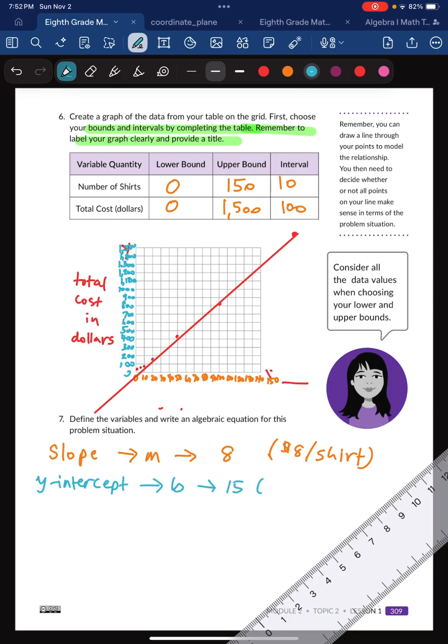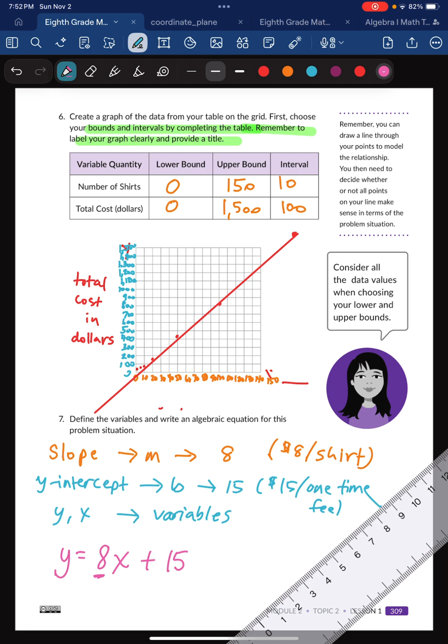And we know it's $15 because it's a $15 one-time fee. So then our y and our x coordinates, they are just going to be our variables that are there in the equation. So our equation is going to look like this. y equals 8x plus 15.